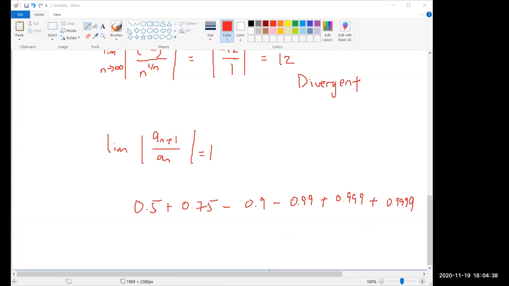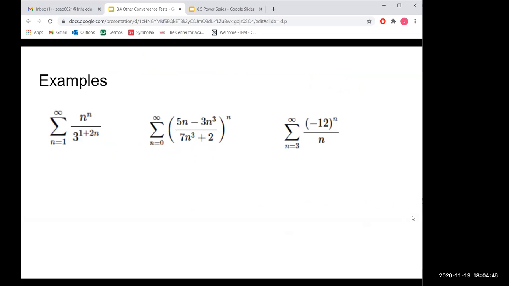So let's go back to the examples that we just did. Let me ask you guys this. Do you see any similarities between these three examples? Or in other words, what characteristics about these three examples make it so that the root test is very convenient?